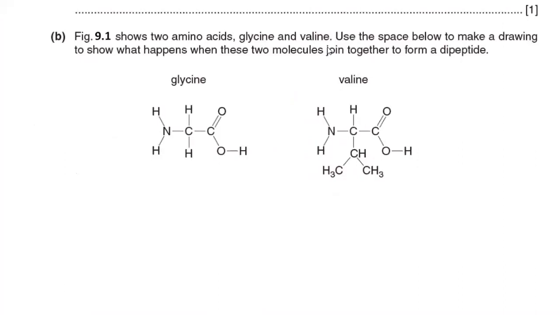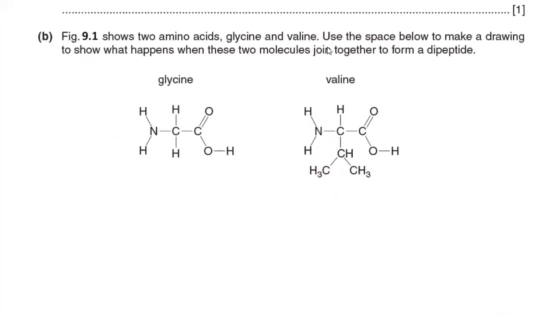So if I want to show a peptide bond formation between these two, then I should show the peptide bond formation between the, in fact, you know, what does it say? It says use the space to make a drawing. अच्छा ठीक है, हम drawing बनाएंगे और हम carboxylic acid end भी label करेंगे और हम ये भी label करेंगे the amino end. So I can just label this as the amino group, the carboxylic acid group.